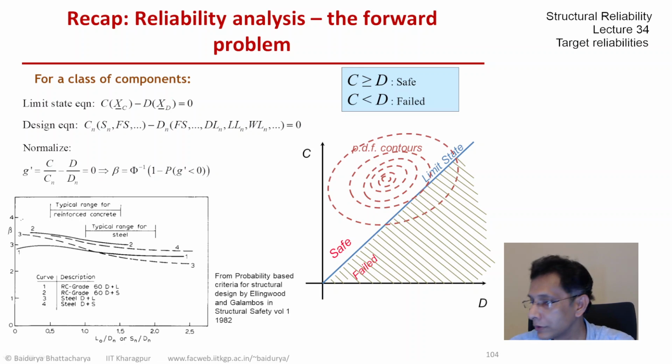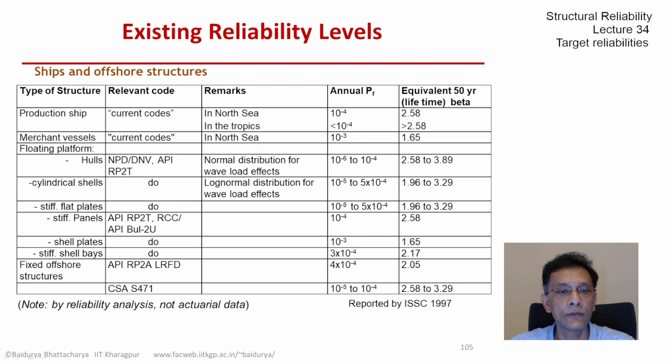Let's go through some more examples. We have a set of results reported by ISSC on ships and offshore structures, and as you see, there are various types of structures and elements and element groups there, starting from ships and fixed offshore structures, and designed to various codes of the day.